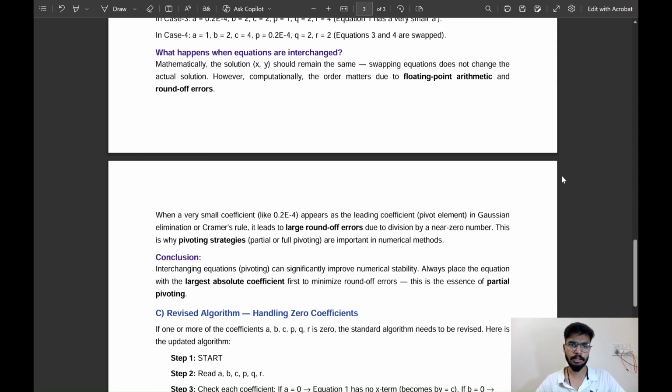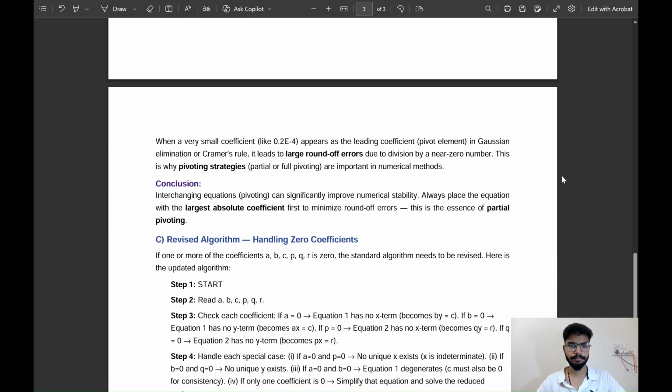When a very small coefficient like 0.2e-4 appears as a leading coefficient in Gaussian elimination or Cramer's rule, it leads to large round-off error due to division by a near-zero number. This is why pivoting strategies are important in numerical methods.